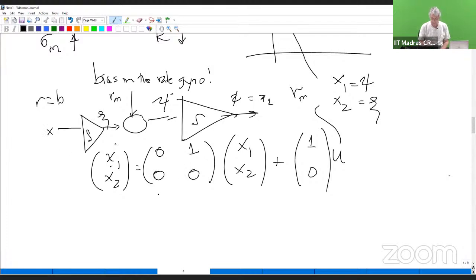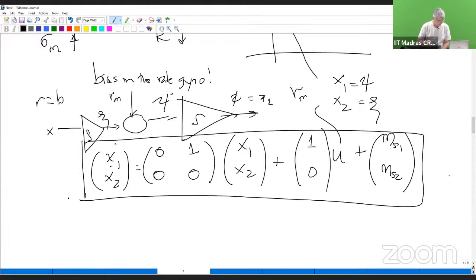This is a very, very common trick. The derivative is 0. In other words, you are assuming that the bias is not going to change. And then you put 0 here, and then following Kalman, you have eta S1, eta S2, and you have your system for which you wish to design. And then, of course, you have y is equal to x1, which is the heading measurement.